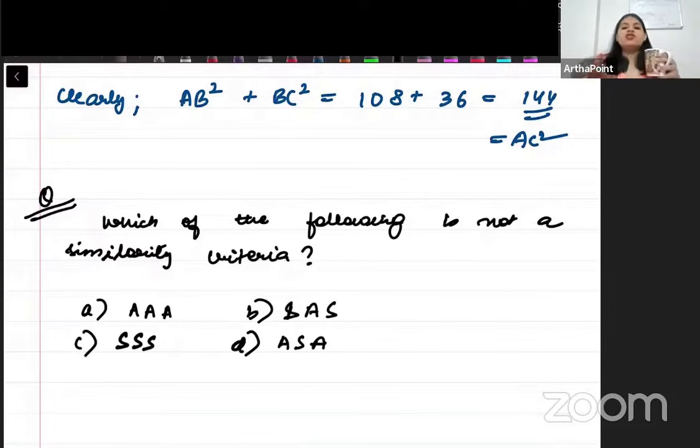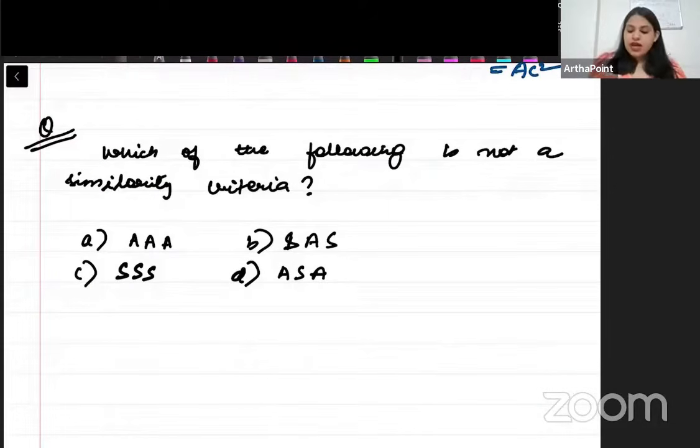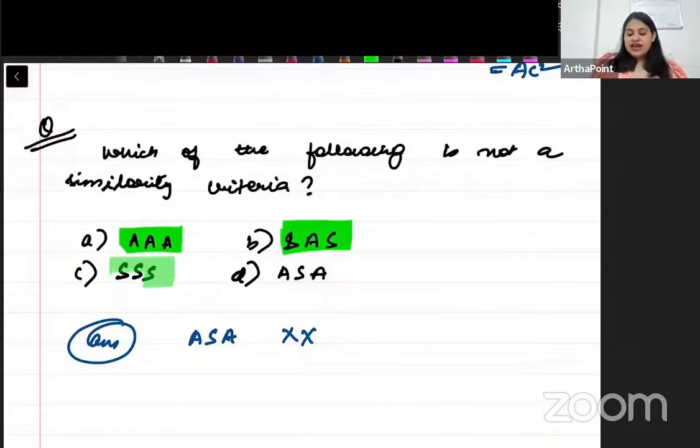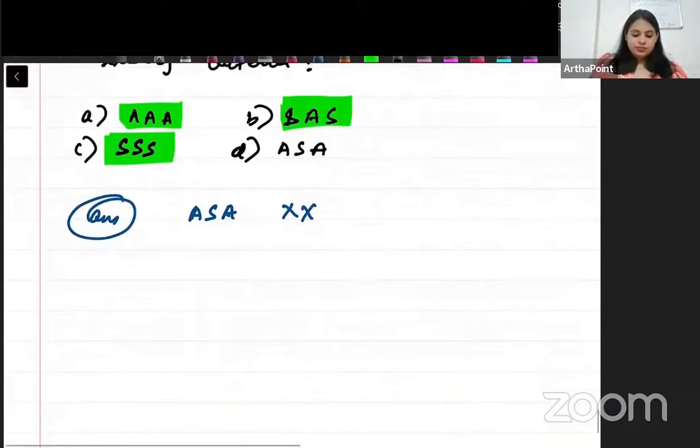So you have to tell which is not a similarity criteria. Answer. Beta, ASA is not a similarity criteria. We studied about angle, angle, angle, side, angle, side, side, side, side. But angle, side, angle is not a similarity criteria. So that is an incorrect answer.